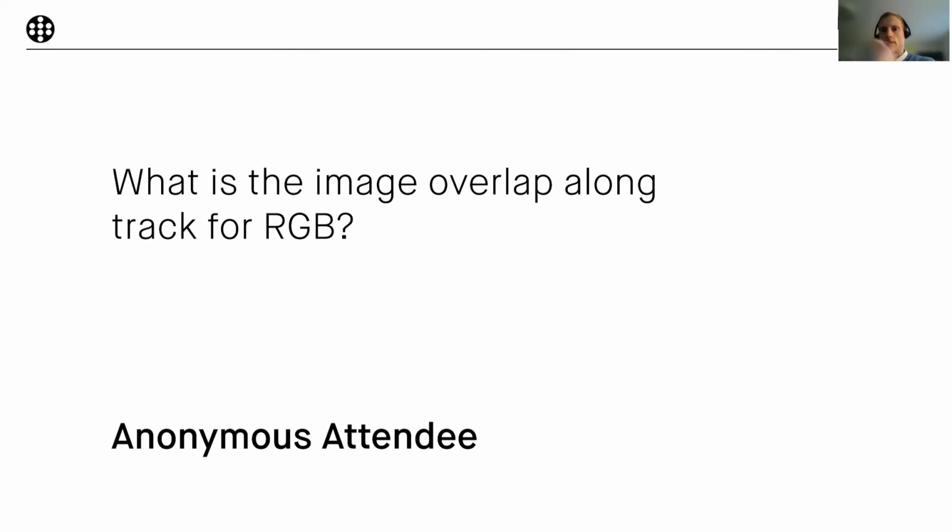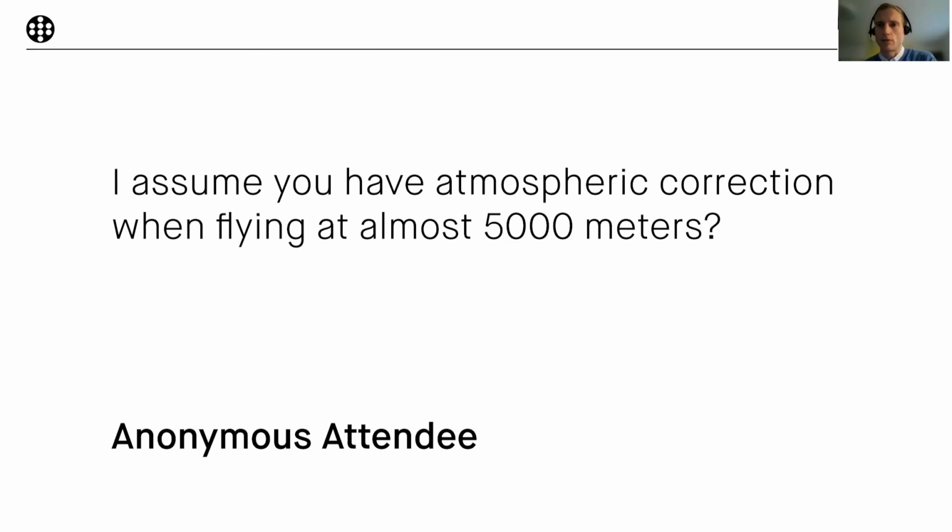It is about, I assume you have atmospheric correction when flying almost 5,000 meter. Yes, so we have atmospheric correction on the one hand when running the aerotriangulation, when running the bundle adjustment. So we try to compensate there some of the effects.